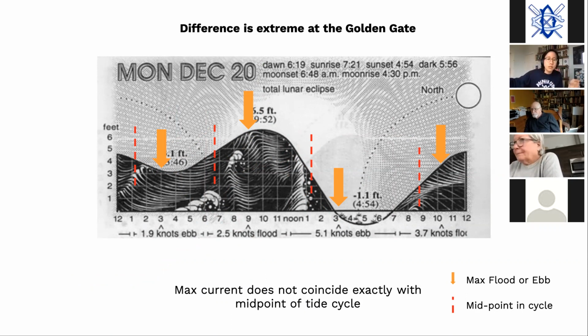So even though the tide is changing direction, let's say we're going from ebb to flood, even though technically the cycle is changing, there's still a ton of water moving against that flood, causing the timing of these events to be different than what you might intuitively expect.